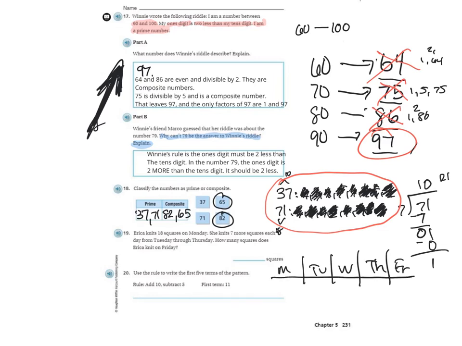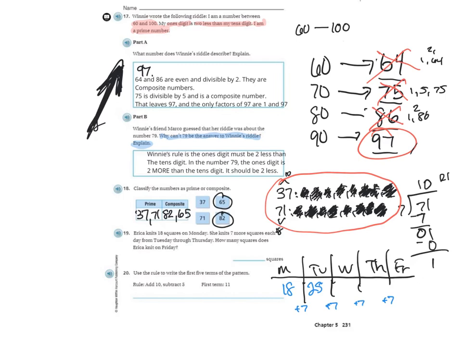Okay? All right, Monday, we know, and I'm going to do a different color here. Monday, she did 18 squares, and then she knit 7 more squares each day. So this will be plus 7, plus 7, plus 7, and then plus 7. So 18 plus 7 is what? 25.